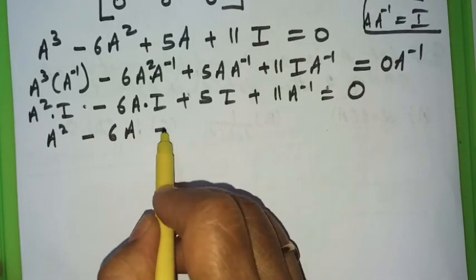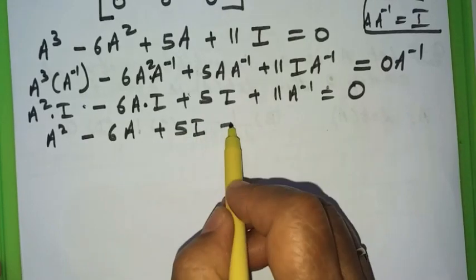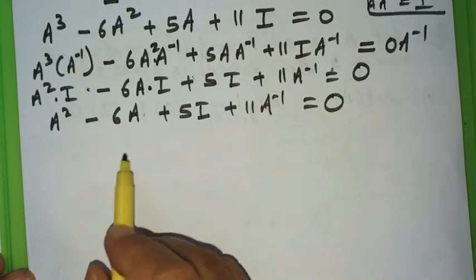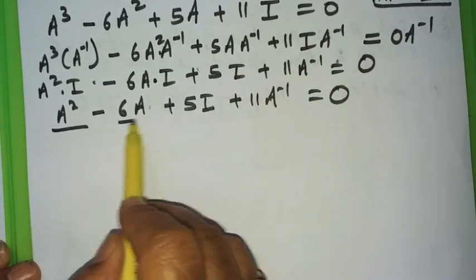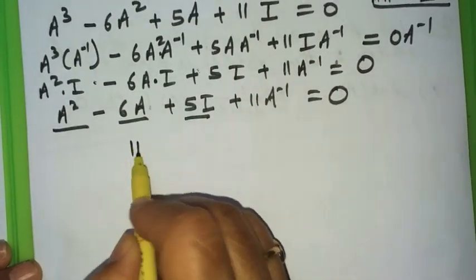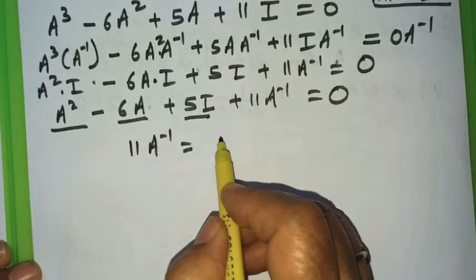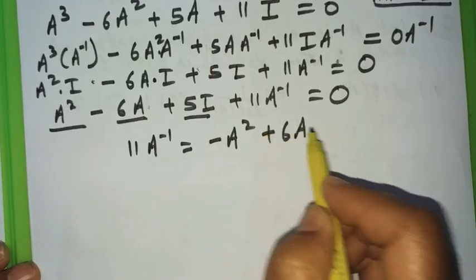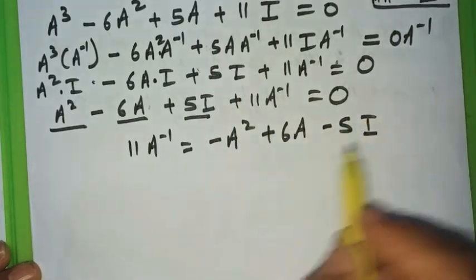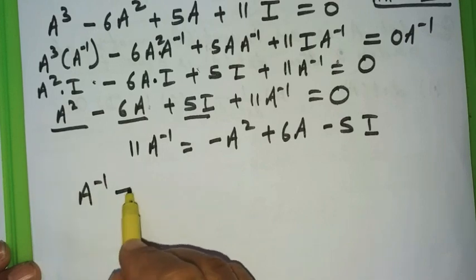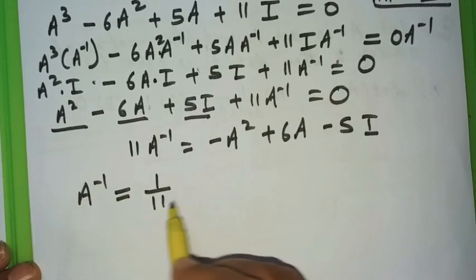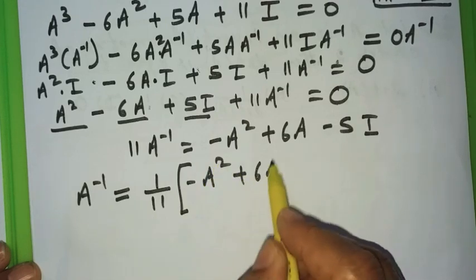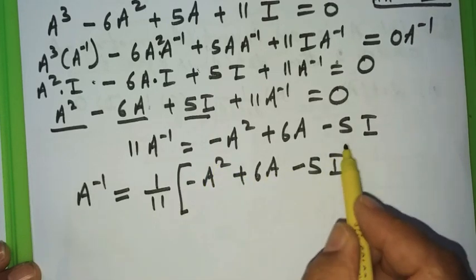6AI is 6A, 5I will be 5I, 11A inverse will be 11A inverse. Now I can take all these terms, this one and this one, on the right hand side. So I got 11A inverse is minus A square plus 6A minus 5I, and I get to know that the value of A inverse will be 1 by 11 into minus A square plus 6A minus 5I.